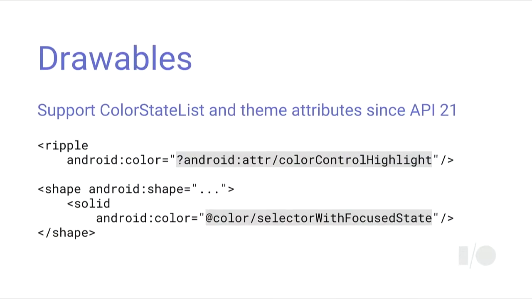So you can specify color control highlight for your ripple, which is what we have as the default. And you can specify a color state list as a tint or as a color for XML-defined shapes. So if you'd like to step away from using PNGs all the time, maybe you have a bunch of different PNGs for different colors of states, you can just directly put a color state list in, and when you press a button, you'll get a different color.